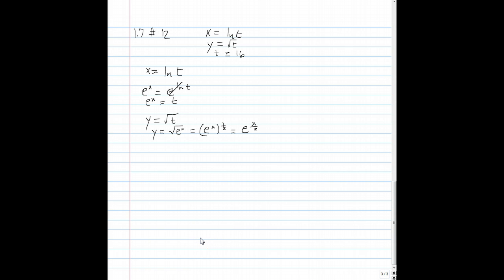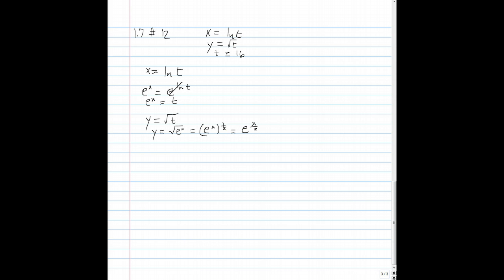Finally, part 3 says we are also given that t is greater than or equal to 16. To find how this restricts x, remember that x is equal to the natural log of t, and that a logarithmic function is increasing. Therefore, if t is greater than or equal to 16, x is restricted as follows, and that's what they want us to figure out.